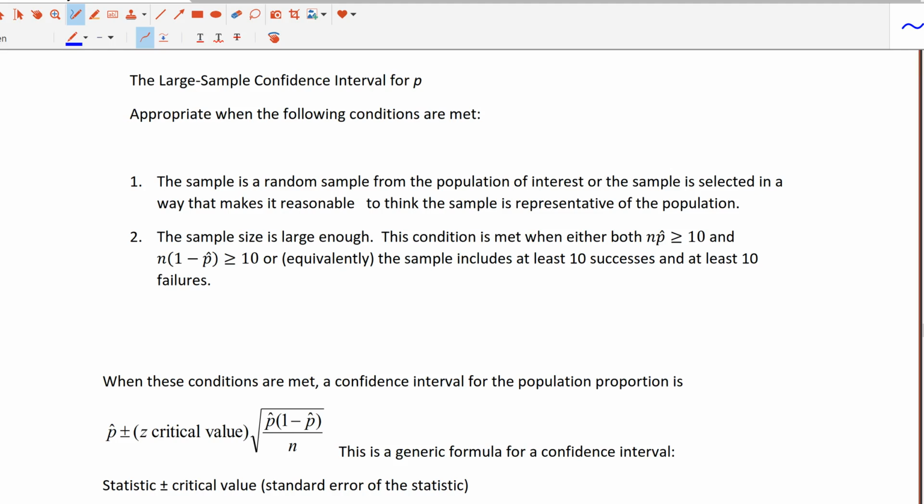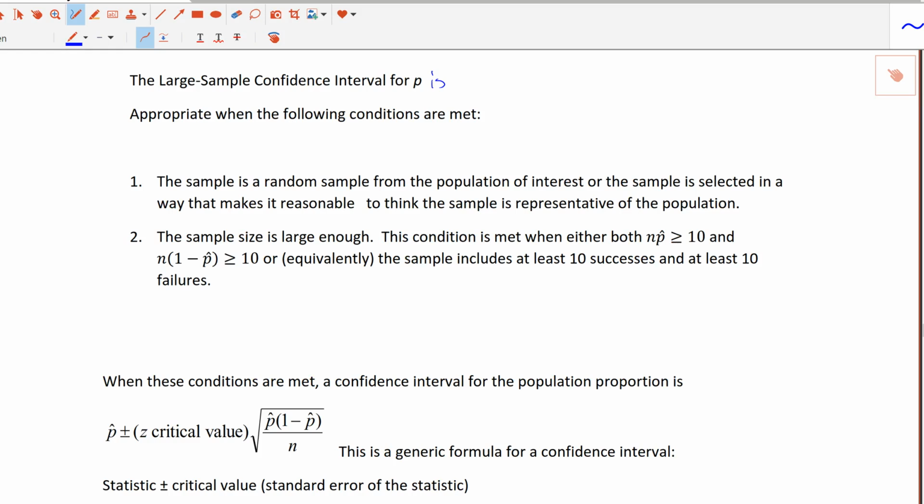Now we're going to look at putting kind of all of this together, all that we've looked at from chapter 7 on. Okay. So a large sample confidence interval for P, remember, is appropriate when the following conditions are met.